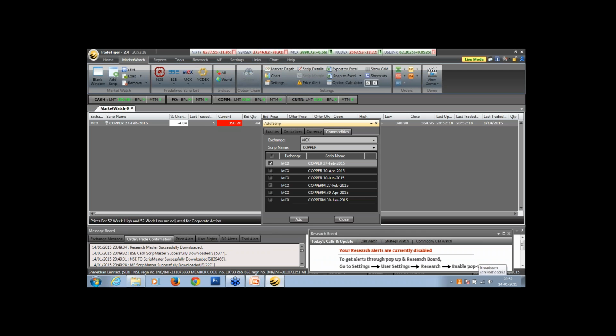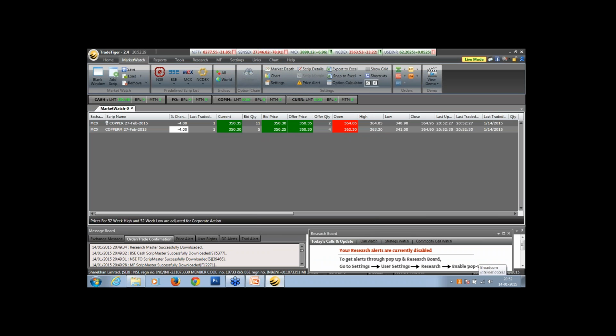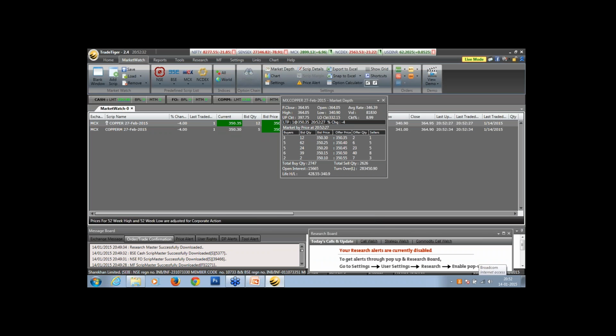So let's say I have selected copper for the current month, and I'll also select copper for the next month. So these are two scripts I want to trade. Both have almost the same prices. Now, how much margin do I require?